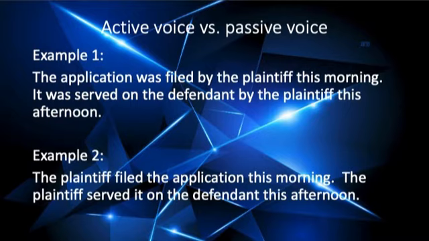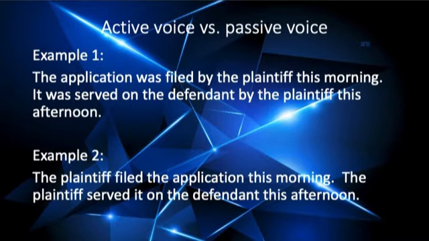So too is the sentence that follows, it was served on the defendant by the plaintiff this afternoon. In that sentence, the plaintiff is the subject, the verb is served, and the object is it, because it's the application that's being served. So here we've got it comes first, so the object is first, then the verb, and then the subject.